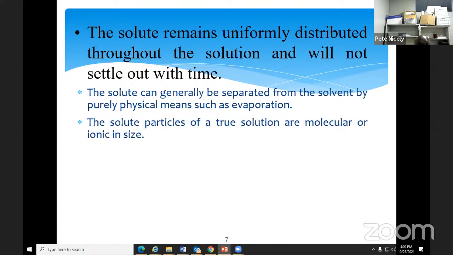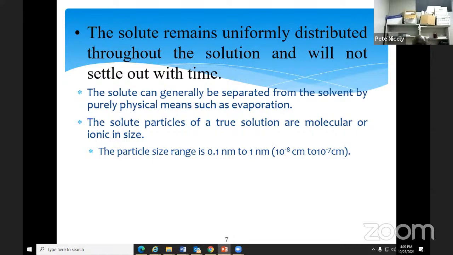We talked about the fact that the particles in a solution are of the molecular or ionic size. In terms of the actual numbers reflecting these sizes, the particle size ranges from 0.1 nanometers to 1 nanometer, or if you want to express it in centimeters, 10 to the minus 8 centimeters to 10 to the minus 7 centimeters. So that gives you an idea as to how small the particles are.